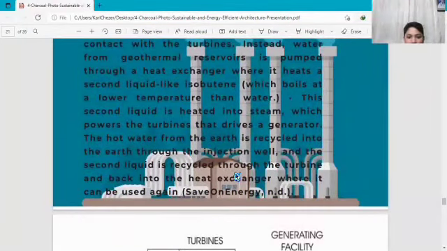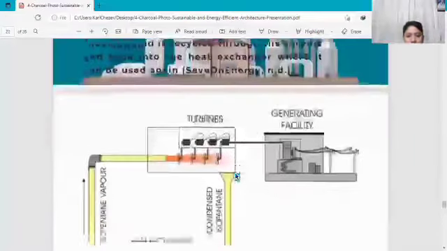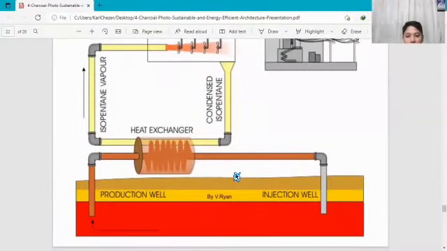This second liquid is heated into steam, which powers the turbines that drive a generator. The hot water from the earth is recycled into the earth through the injection well, and the second liquid is recycled through the turbine and back into the heat exchanger where it can be used again. Tulad nga sinabi.